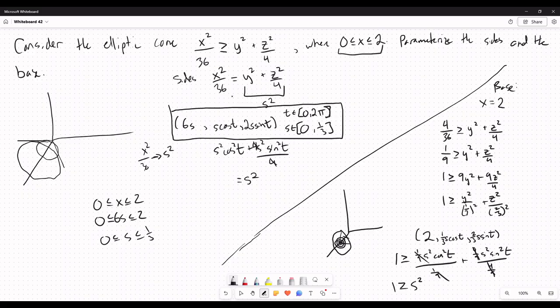So earlier we had s going from 0 to 1/3 because we were going along the x-axis. But here I'm going to have s going between 0 and 1 because I'm going outward from the x-axis. And I got that from here because I needed s squared to be less than or equal to 1.